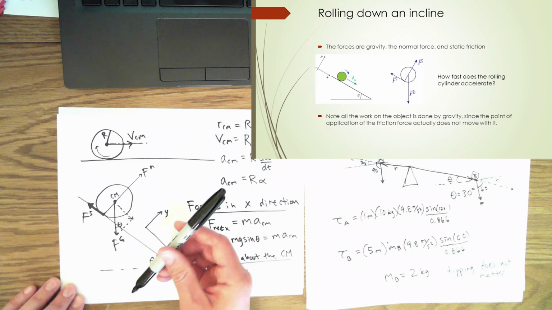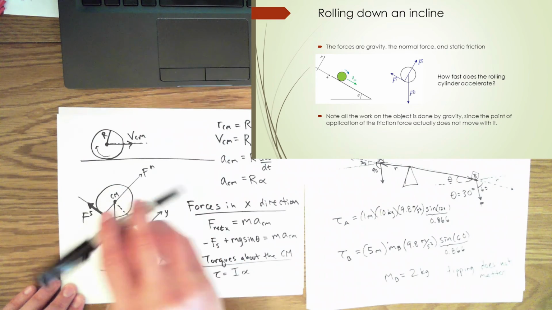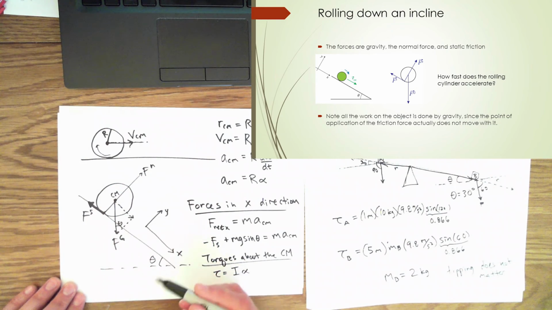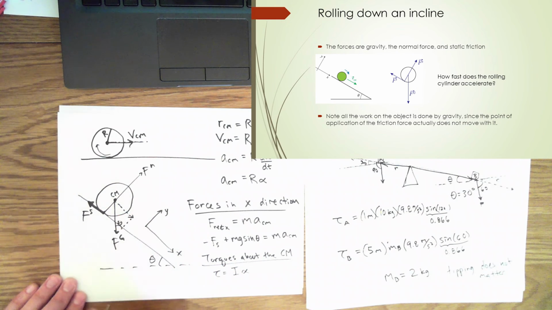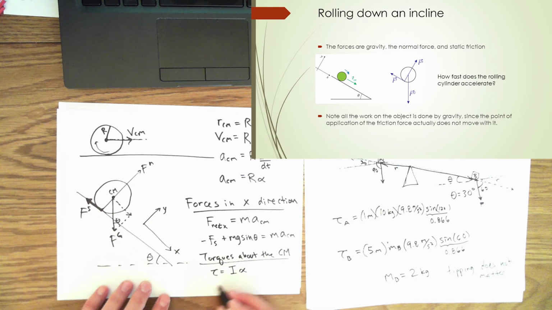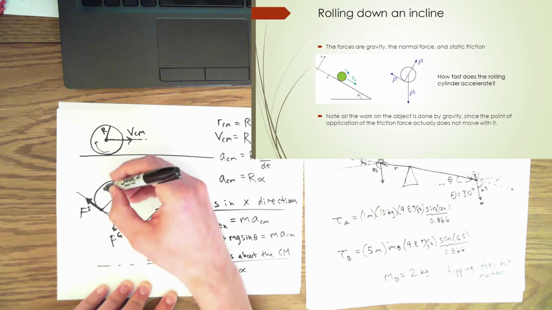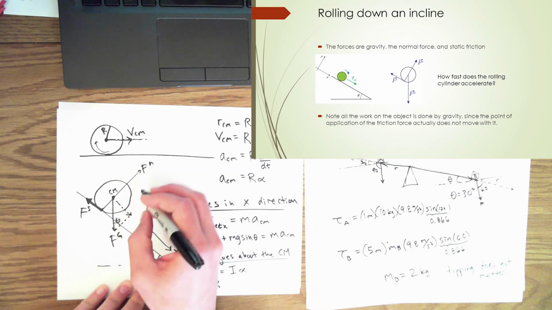So the angle between the position vector and the normal force is 180 degrees, so that will have zero torque. The only thing that contributes to torque is this frictional force. And that is going to be, so the left-hand side here, the net torque is going to be minus Fs times r, if the cylinder here has a radius r.